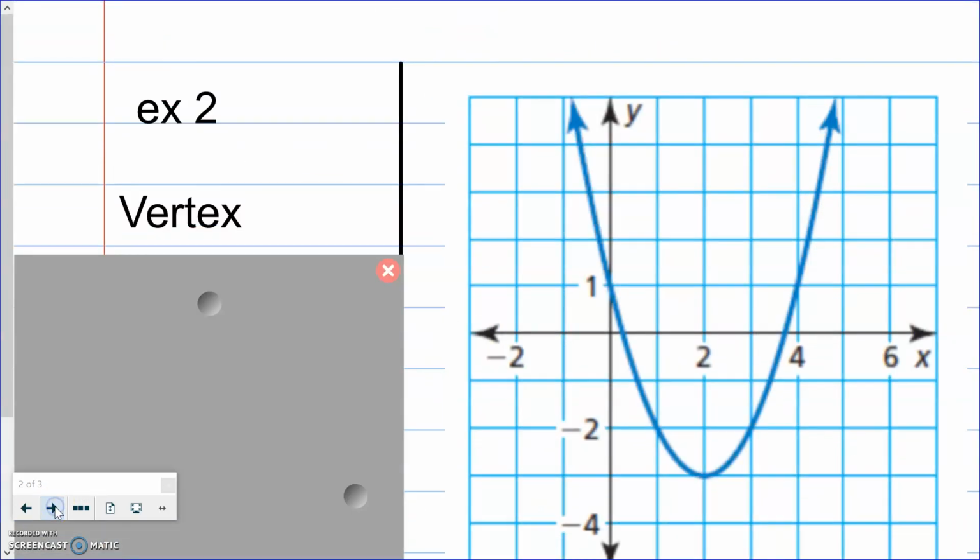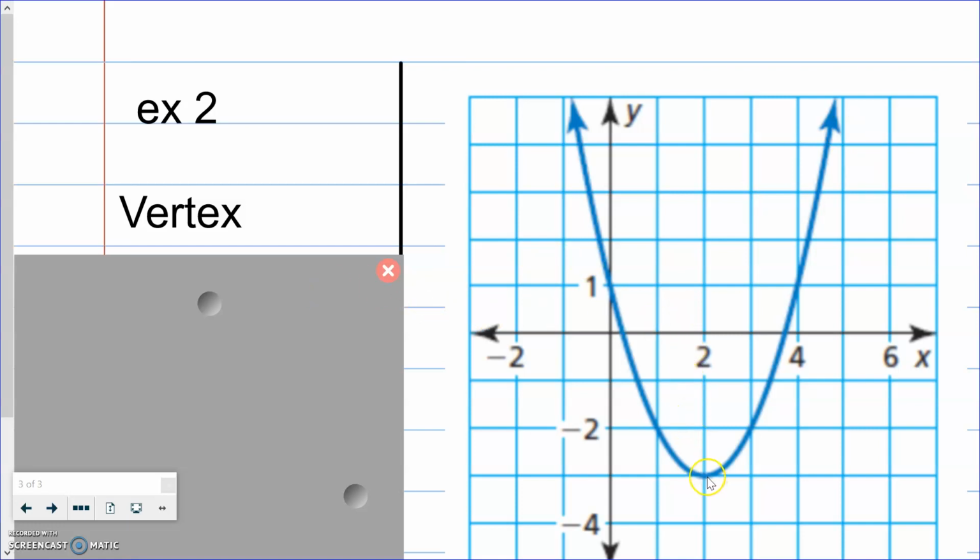Let's look at a second example. Please once again sketch your x-axis and your y-axis. Number 1, -2, 2, your -2. Sketch your graph going from (2, -3) up. And we're trying to find our vertex.